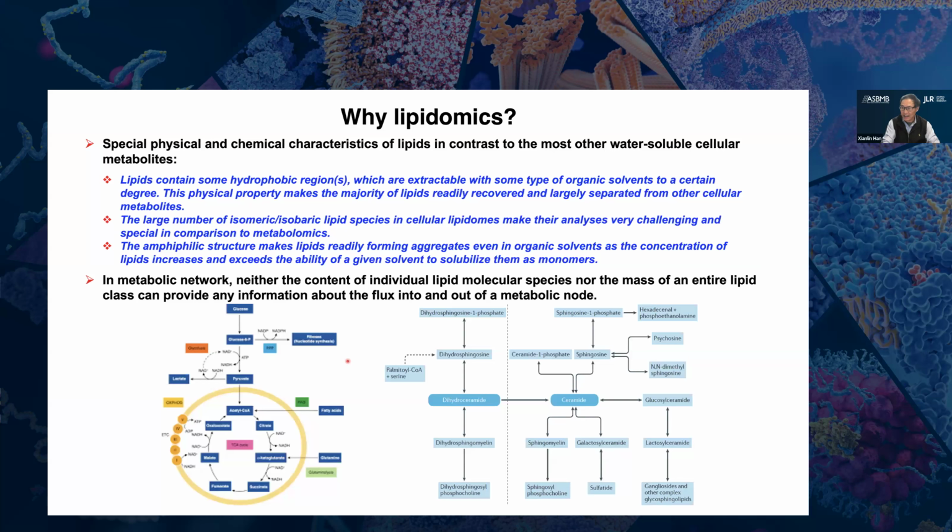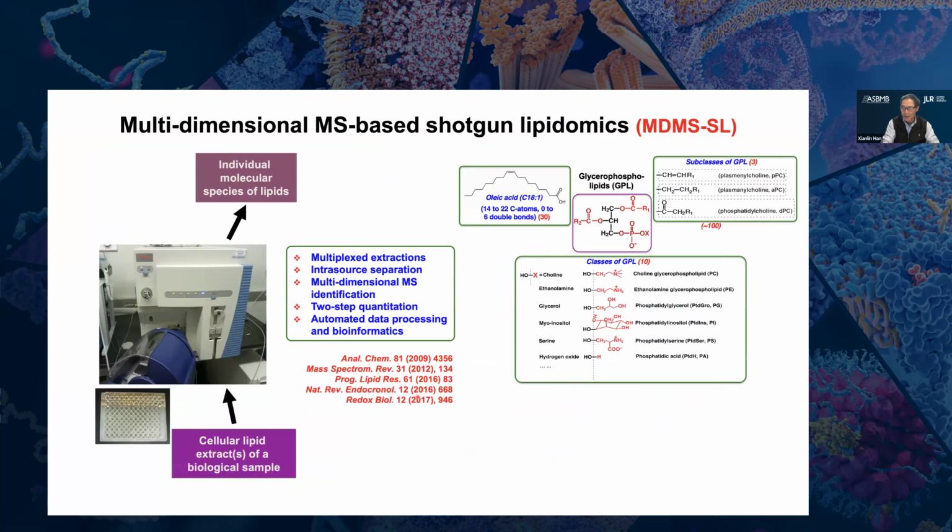So different technologies have been developed. The majority are separated into two kinds: one is direct infusion based, called shotgun lipidomics, and the other is LC-mass spec based.